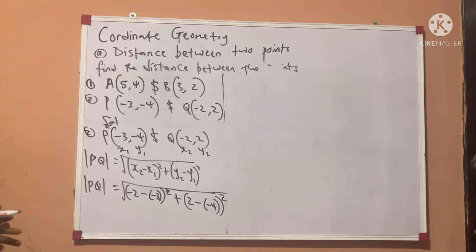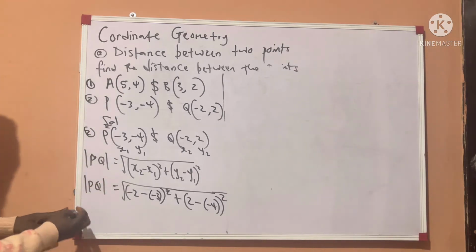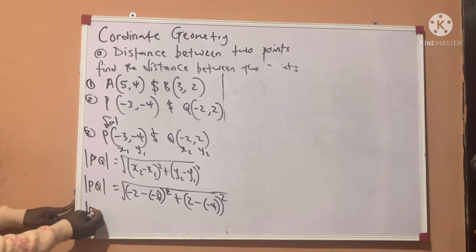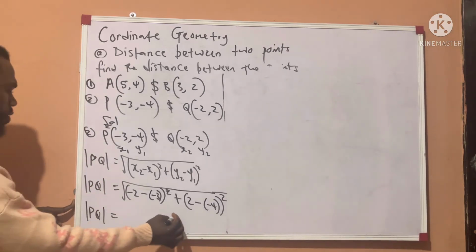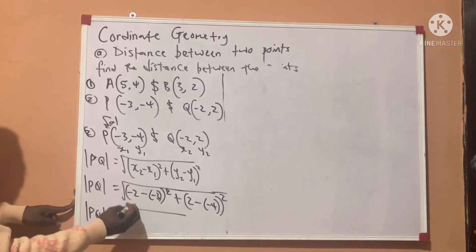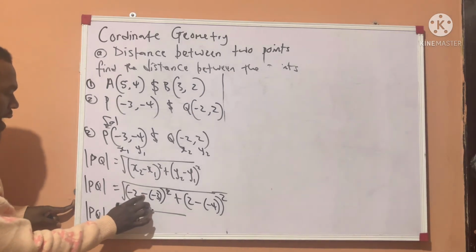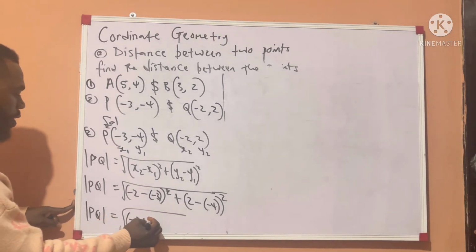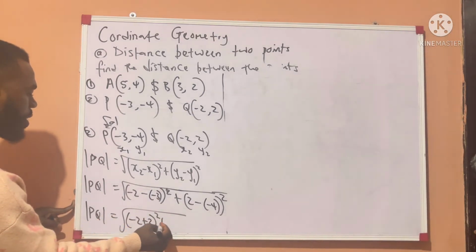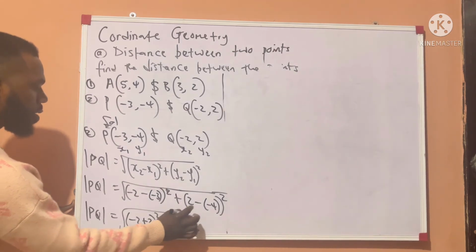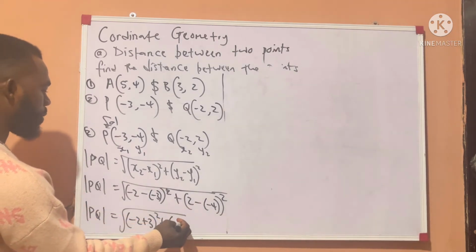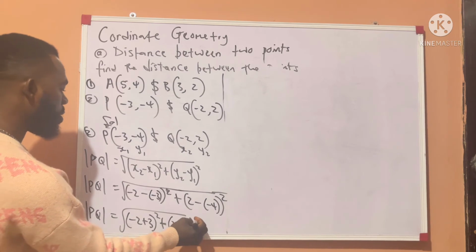Don't get confused because of the negative sign. Just work with them. Now the distance between P and Q becomes the square root of minus 2, now minus times minus gives us plus 3, all squared, plus, also minus times minus gives us plus 2 plus 4, all squared.